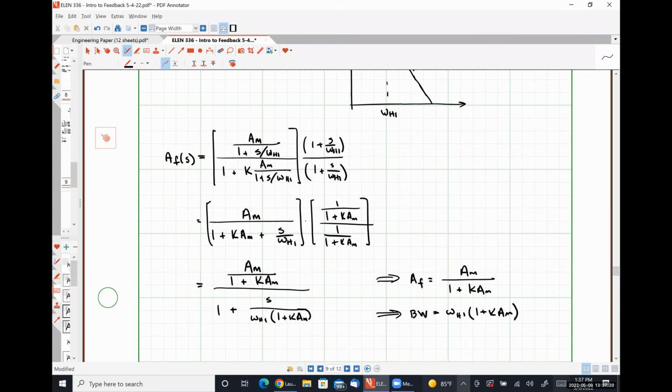So effectively, lowering our gain by a factor of the amount of feedback boosts our bandwidth by a factor of the amount of feedback. It's why the gain bandwidth product of a negative feedback amplifier is constant. So this should be something that you all have observed previously.